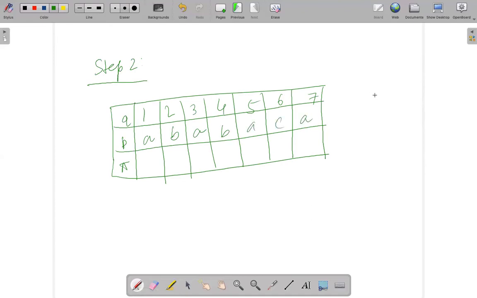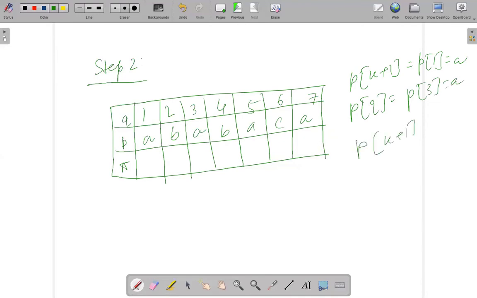What happens here? Pk plus 1 is equal to P1 is equal to A. Pq is equal to P3 is equal to A. Therefore, now your Pk plus 1 is equal to Pq in this case. Okay.